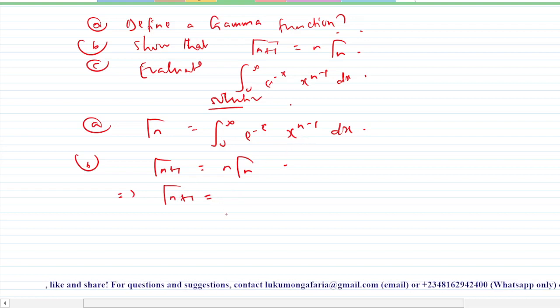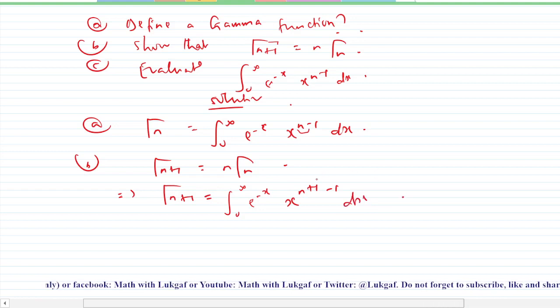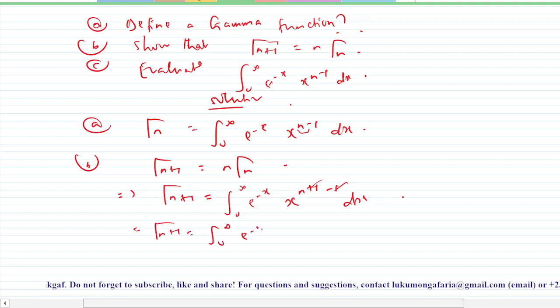I'm going to have the integral from 0 to infinity of e raised to the power minus x, and now my exponent will be n plus 1 minus 1. What you observe, this cancels this. Then you have gamma n plus 1 equal to the integral from 0 to infinity of e raised to the power minus x, x raised to the power n dx.